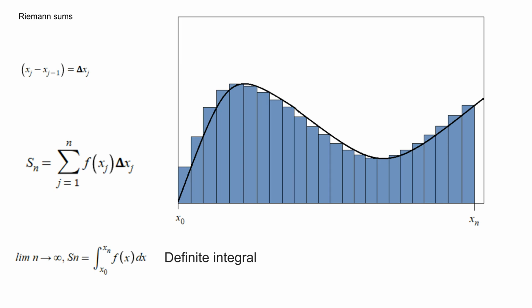N can be any number, but increasing it would decrease the width of the rectangle, only if there is a finite distance between x0 and xn that remains constant. We can use this logic to set n as close to infinity as possible to get Sn equals the integral from x0 to xn of f of x times dx.